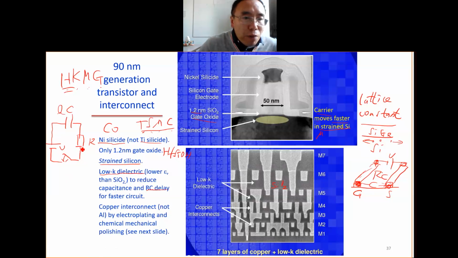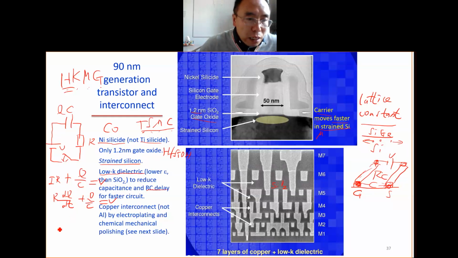The voltage drop along the resistance is IR, plus the voltage drop along the capacitance, Q over C, equals V, the applied voltage. We know the current is the change of the charge, I equals dQ/dt. So we need to solve this problem.